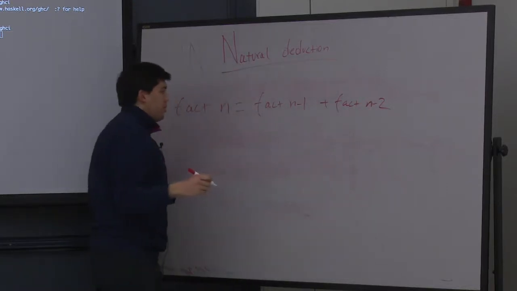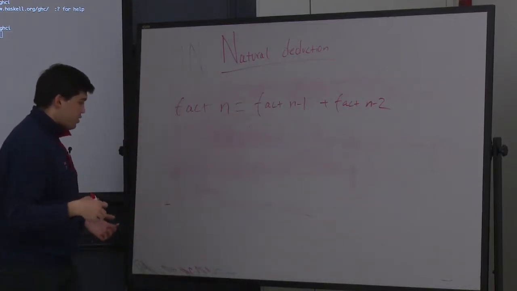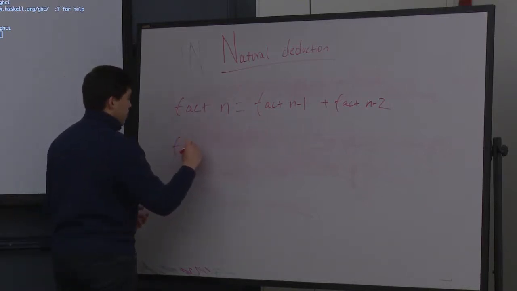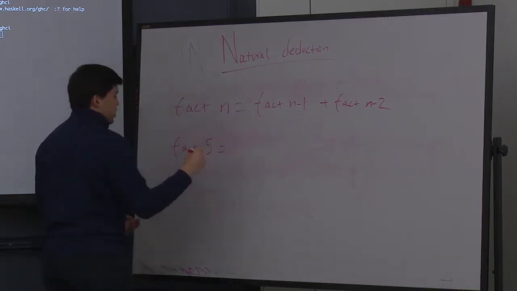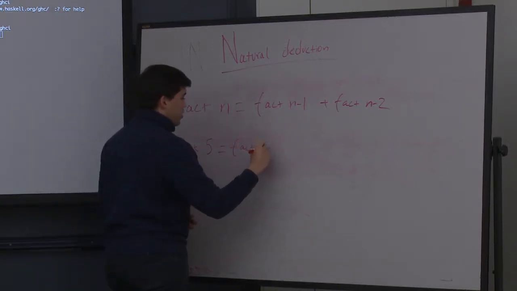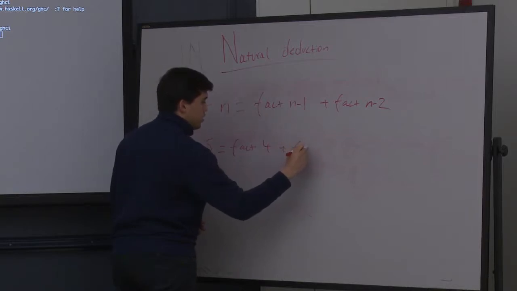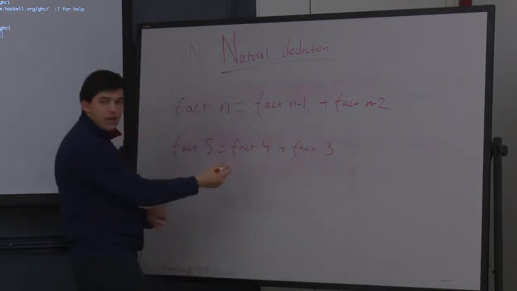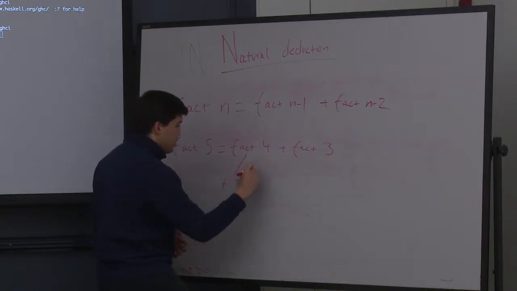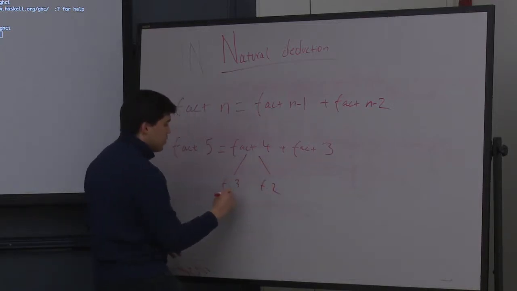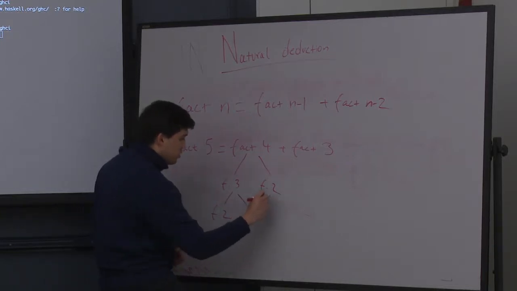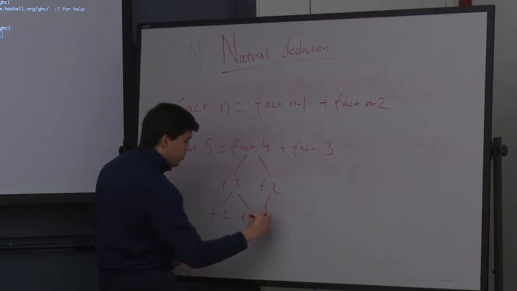The thing is, let's say you are asked to evaluate the factorial of 5. This will result in you evaluating the value for fact 4 plus fact 3, and this will result in F3, F2, and F1.